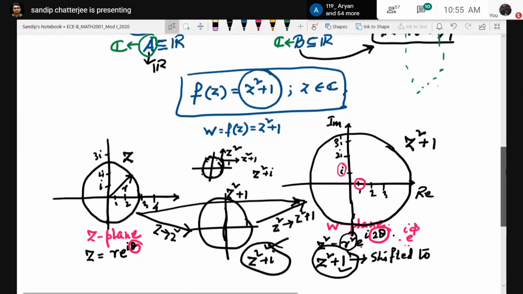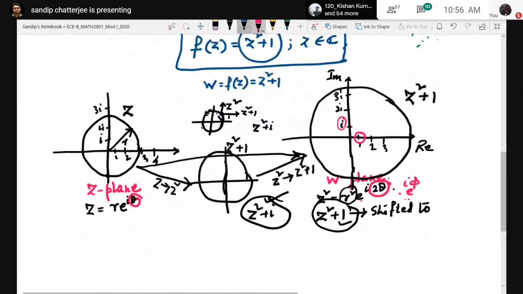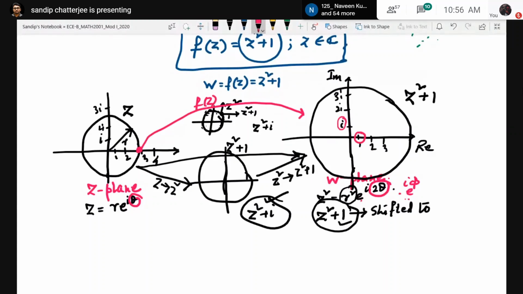So can you tell me now, if I consider this particular point, what is the argument of this point? Zero. So whenever you map this point by your mapping f(z), can you tell me where this point will go?